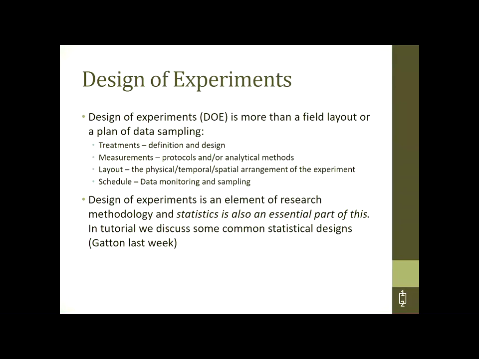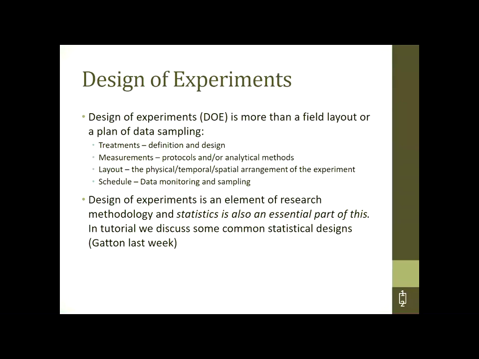So when we think about designing an experiment, we have a field or an experimental plan or a sampling plan. How do we collect the data? But we also have to think about treatments. We need to define those treatments. We need to decide on the levels of those treatment effects. We need to think about how we're going to measure whatever it is that we're interested in.